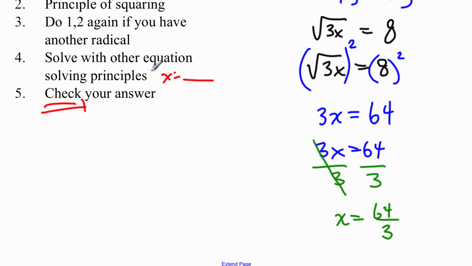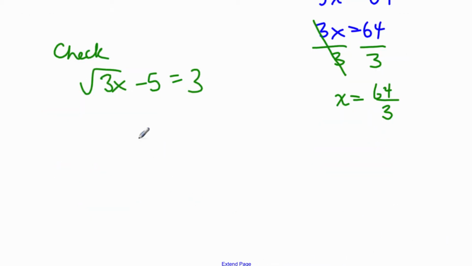Okay, so I've solved, I better check my answer. Let's go back. Root of 3x minus 5 equals 3. So here's my check over here. The square root of 3x minus 5 is equal to 3. So I'm saying the answer is 64 over 3.